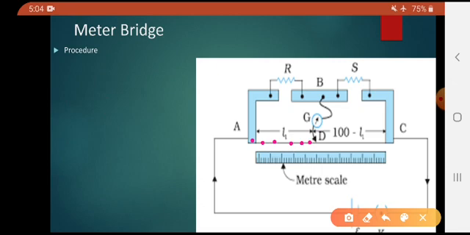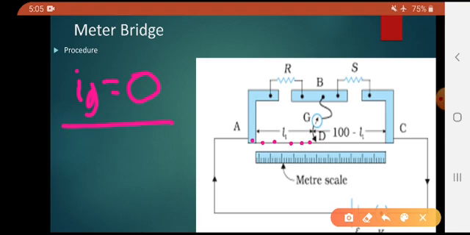Just remove the high resistance. It does not mean remove the high resistance box. Simply remove the resistance by putting the key in the plug. Then the galvanometer reading shows 0.